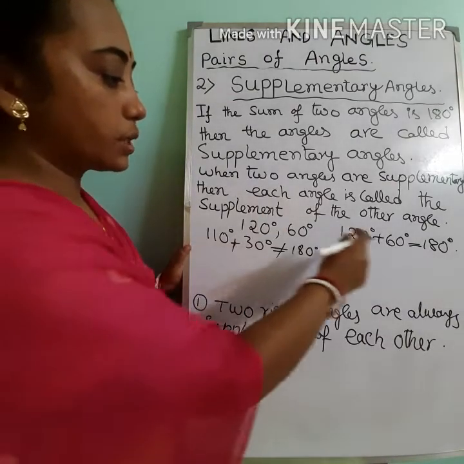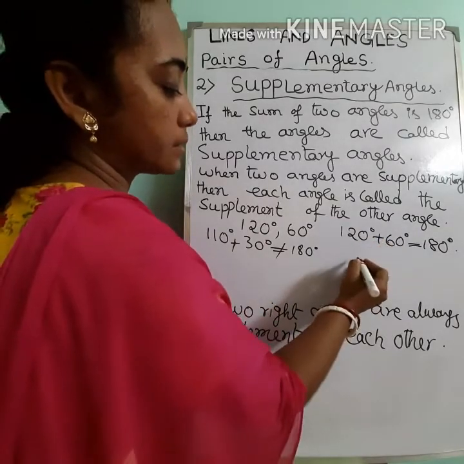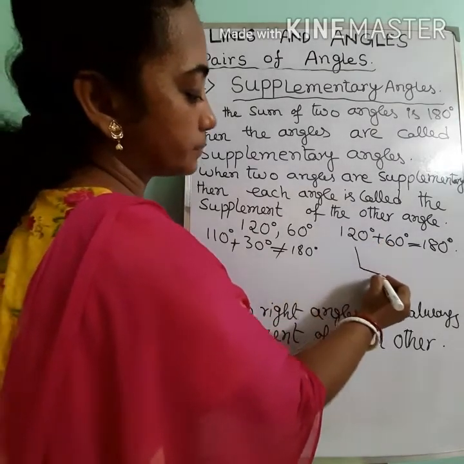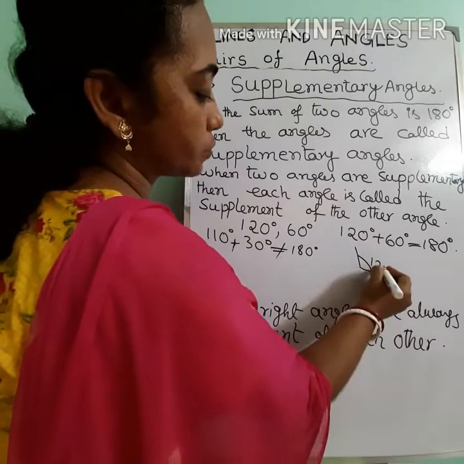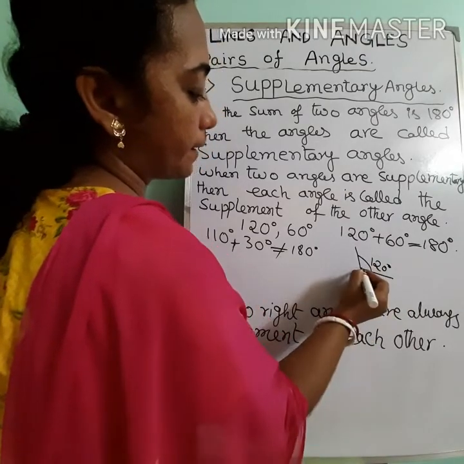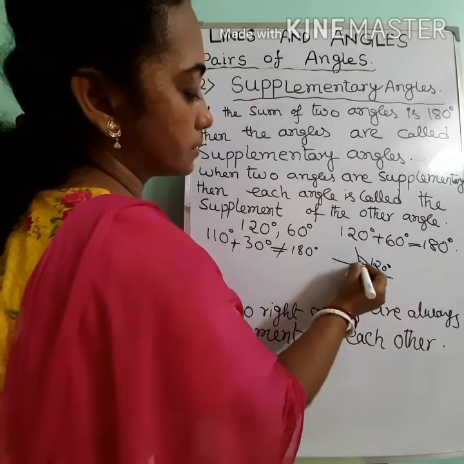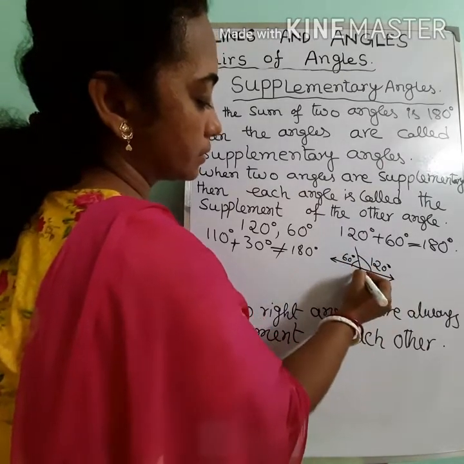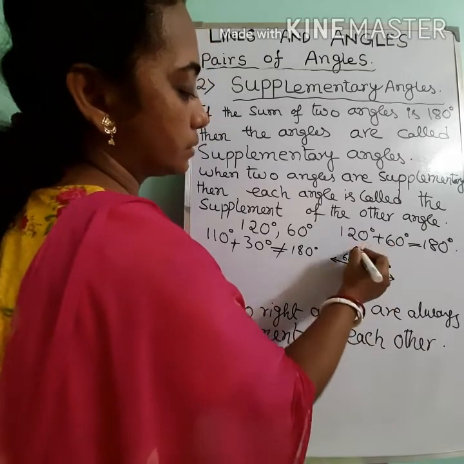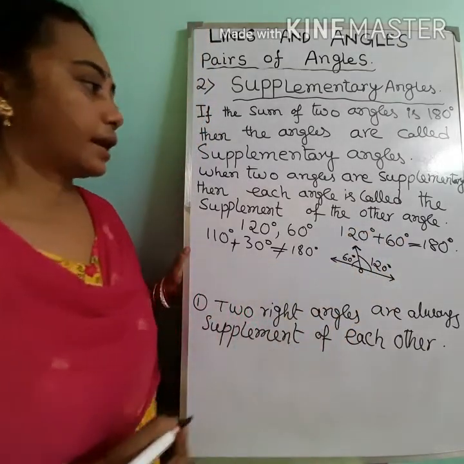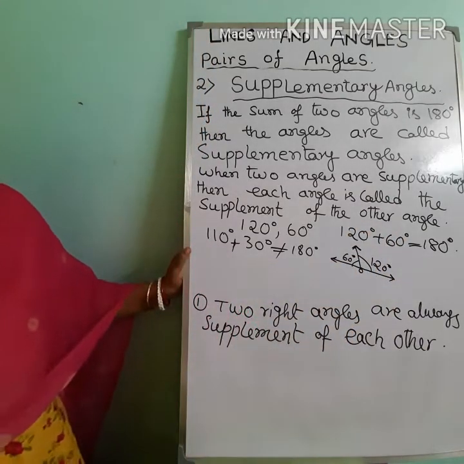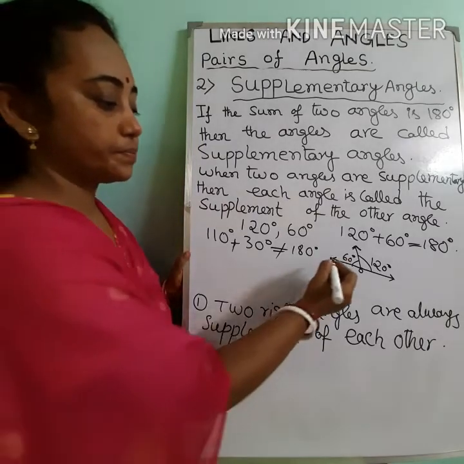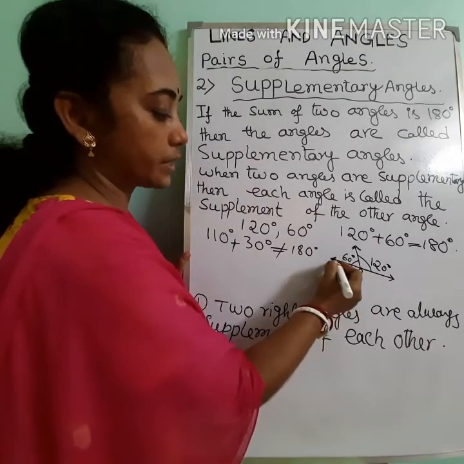If we want to show the diagram of these two angles, suppose this is 120 degrees and this is 60 degrees. They will form a straight line because a straight angle is 180 degrees.